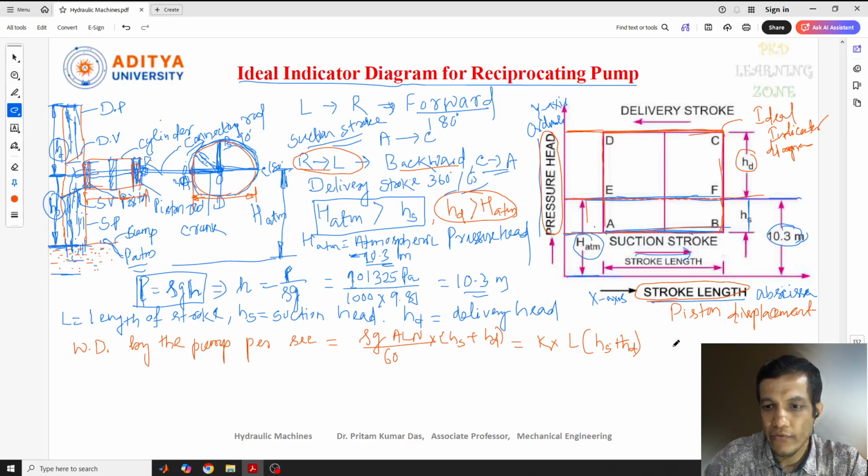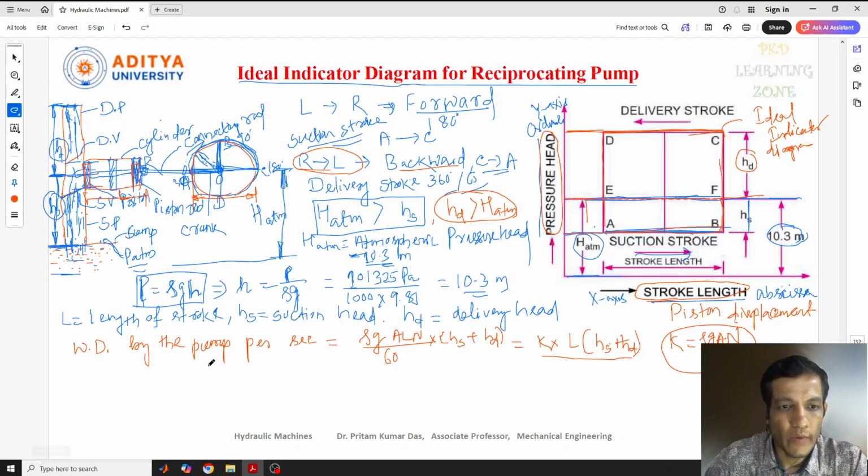Here K is a constant, so K equals rho G A N by 60. This is a constant term. Rho is density, G is gravity, A is area, and N is the speed, divided by 60. That's why I've written K into L into HS plus HD.